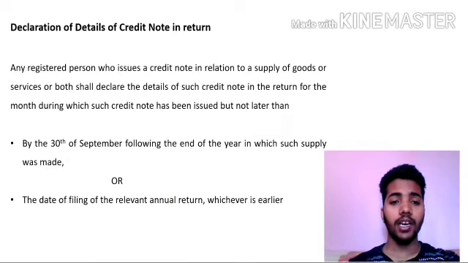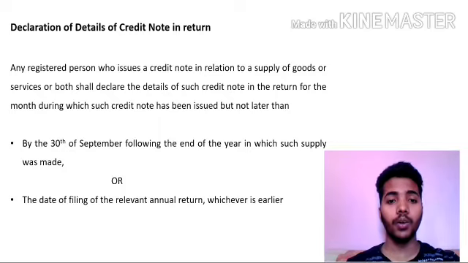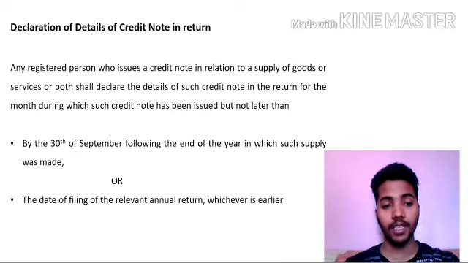If any supplier has issued a credit note to the recipient, then he will declare this credit note in his GST return, as we know that any registered person who issues a credit note in relation to a supply of goods or services or both shall declare the details of such credit note in the return of the month during which such credit note has been issued, but not later than the 30th September following the end of the financial year in which such supply was made, or the date of filing of the relevant annual return, whichever is earlier.